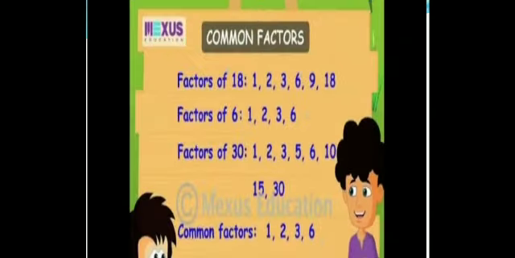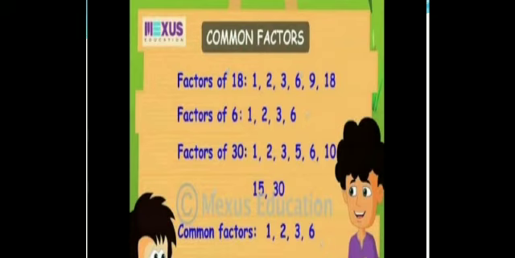Here we are having three numbers 18, 6 and 30, and factors of 18 are 1, 2, 3, 6, 9 and 18, and factors of 6 are 1, 2, 3 and 6, and the factors of 30 are 1, 2, 3, 5, 6, 10, 15 and 30.